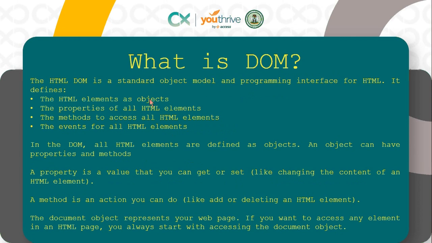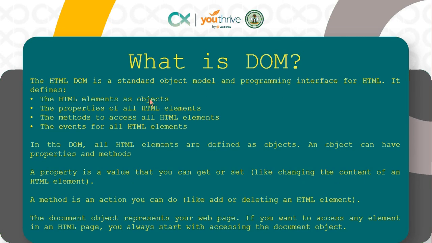What is DOM? Now, the HTML DOM is a standard object model and programming interface for HTML. It defines the HTML element as objects, the properties of all HTML elements, the method to access all HTML elements, the event for all HTML elements.